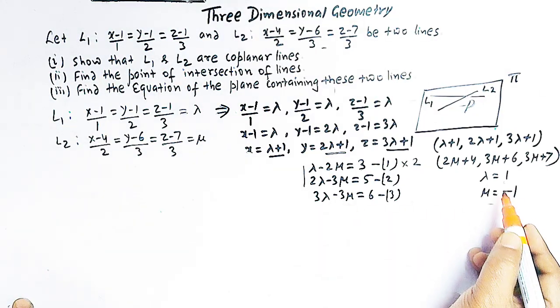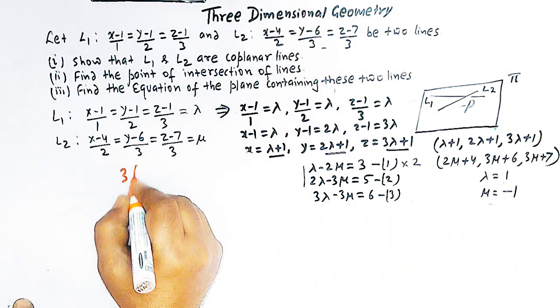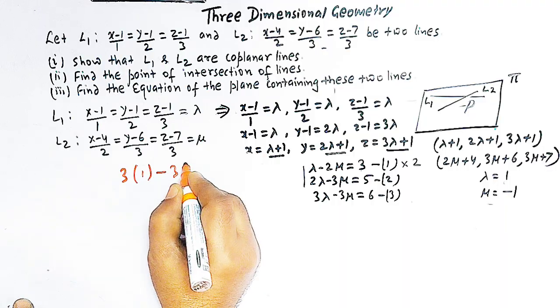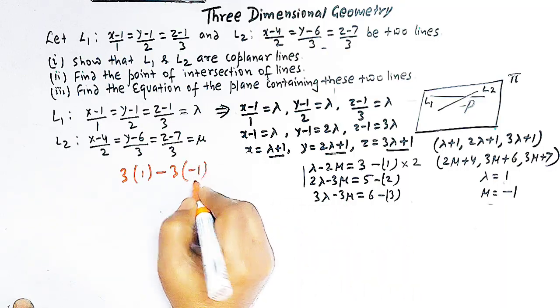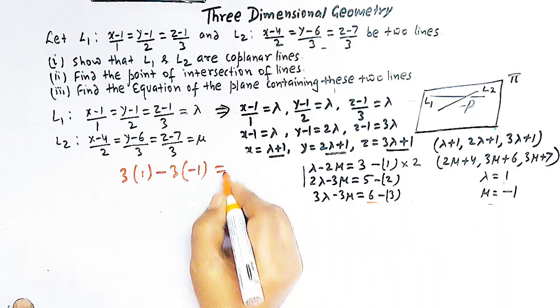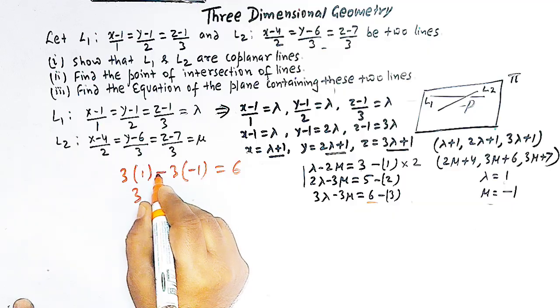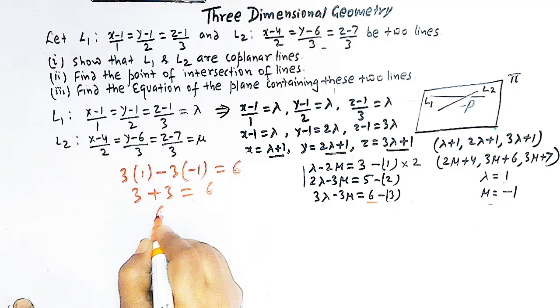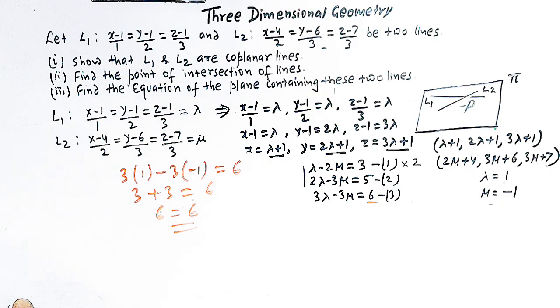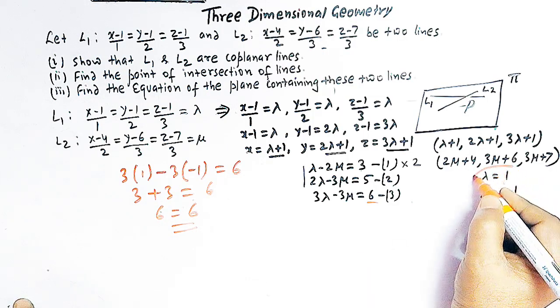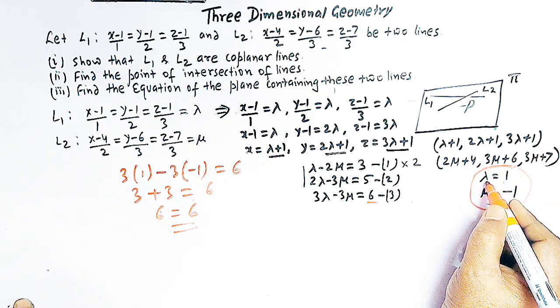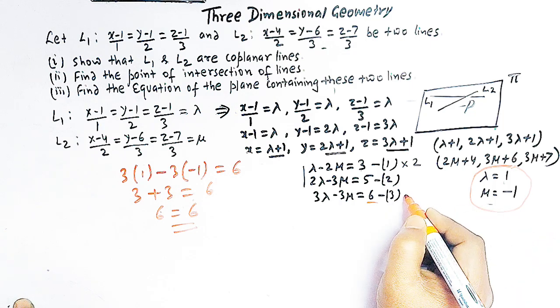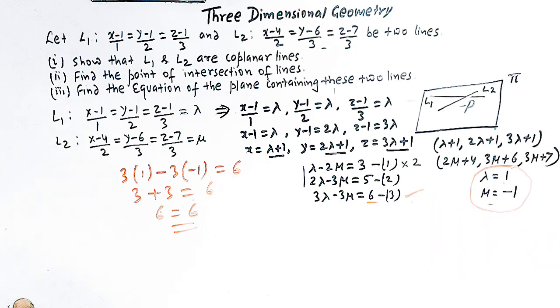Now lambda is 1, so we have 3 times 1, then minus 3 times minus 1, which is plus 3, and here we have 6, and 6 is equal to 6, right?